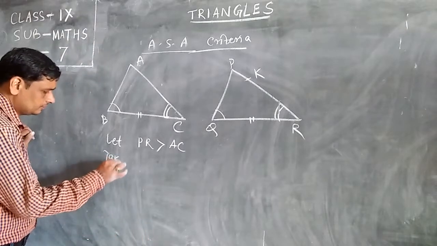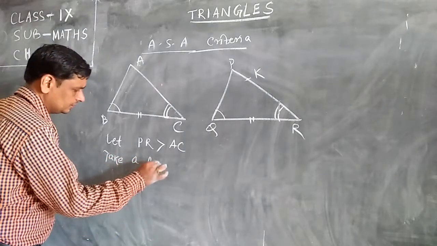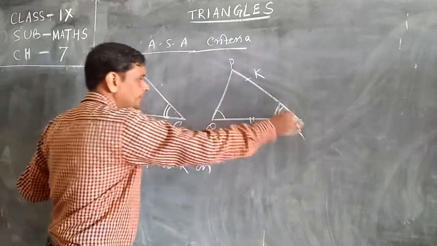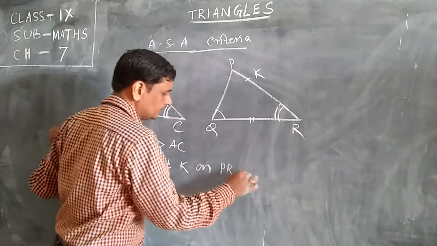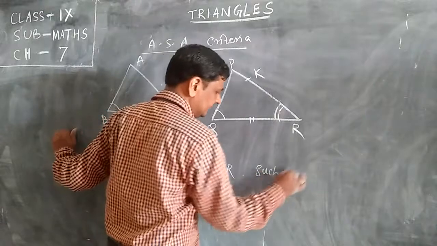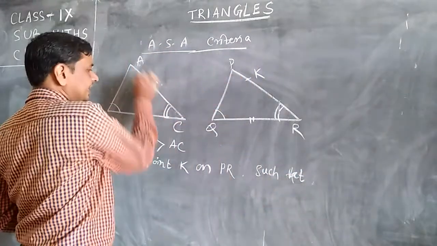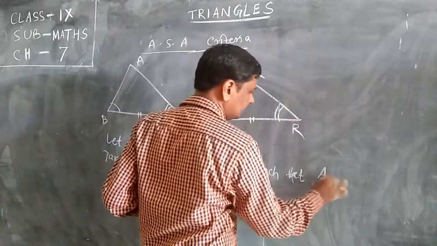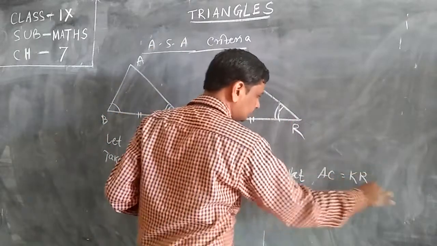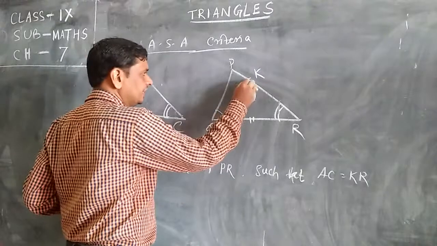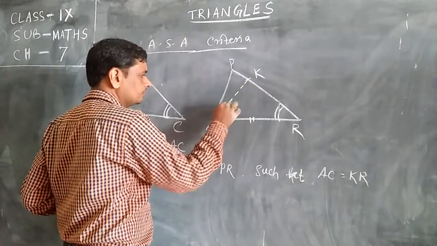Take a point K on PR such that AC equals KR. Now join KQ.